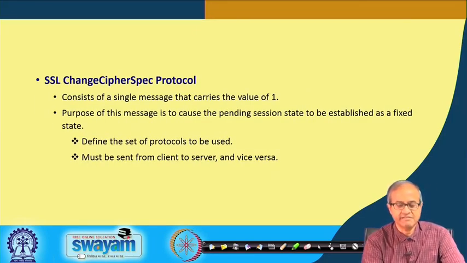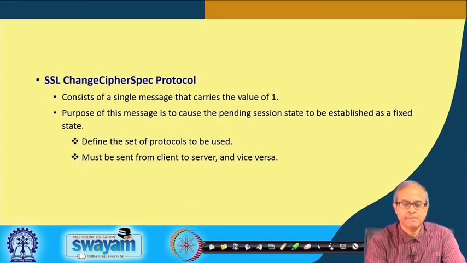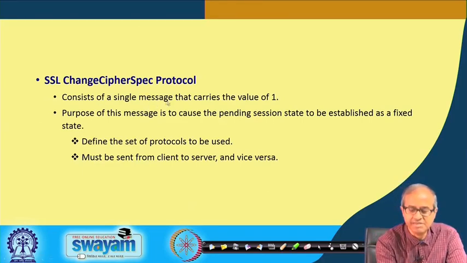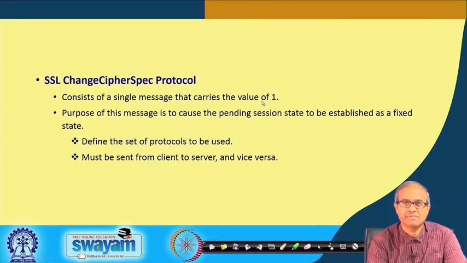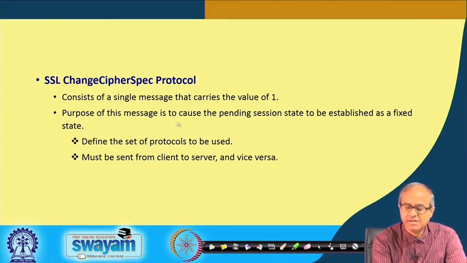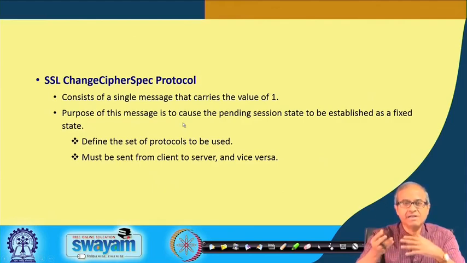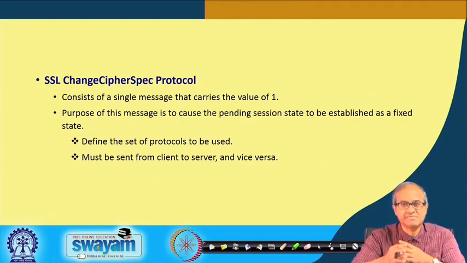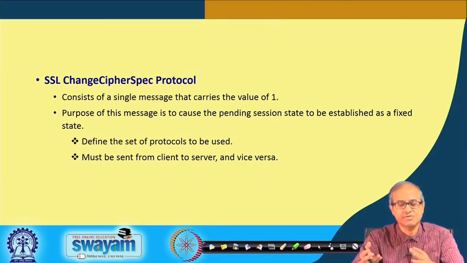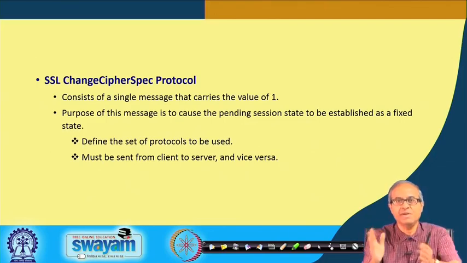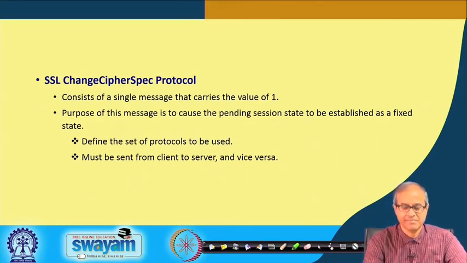And the change cipher spec protocol consists of a single message that carries the value 1. Whatever earlier message was transmitted about what protocol to use, exactly which encryption algorithm to use, if this message is sent, it means all those things will take effect immediately.